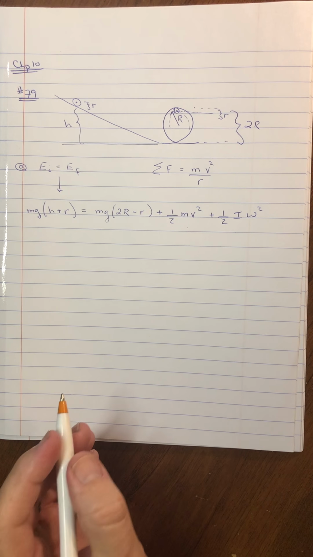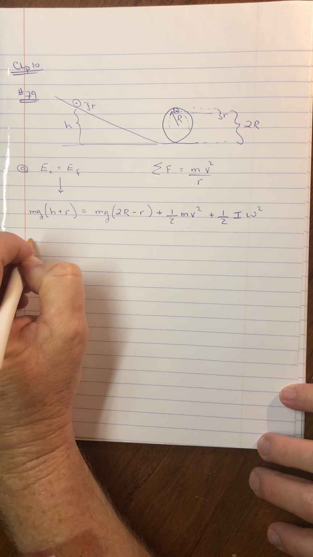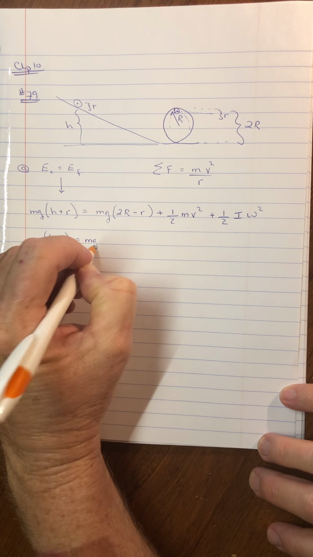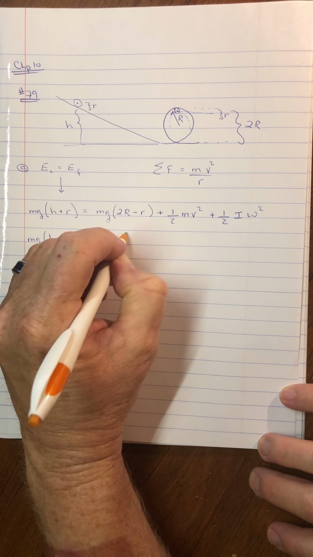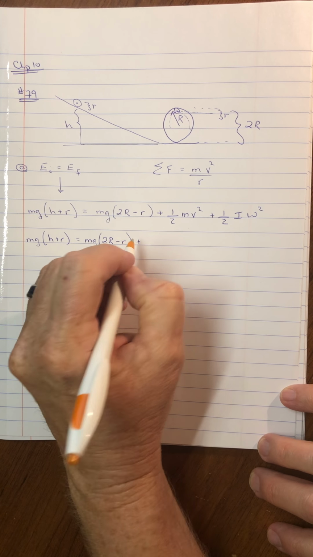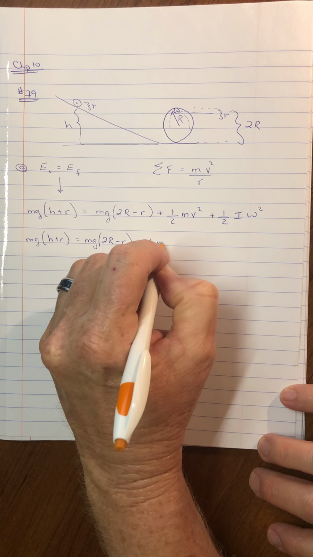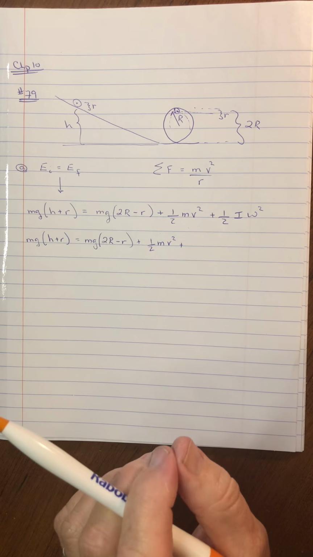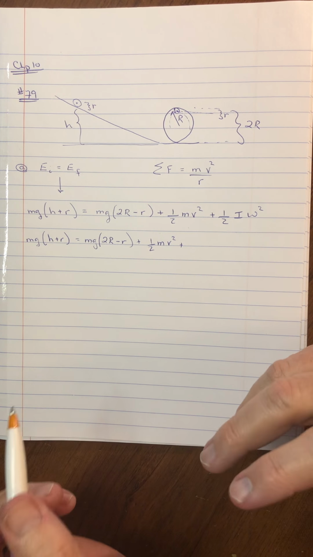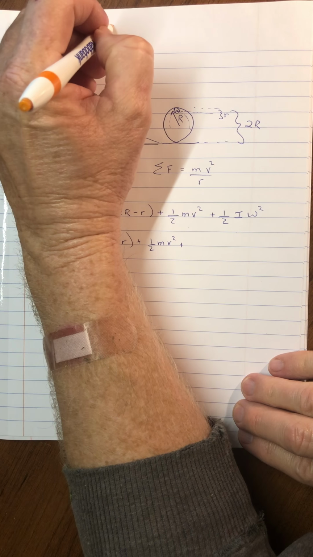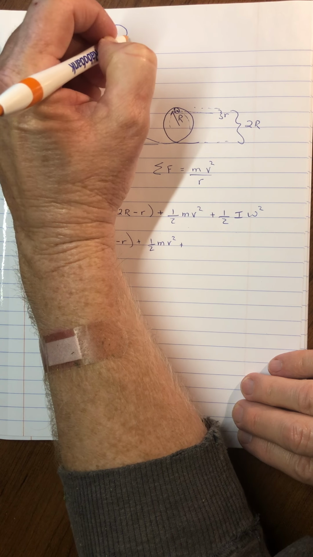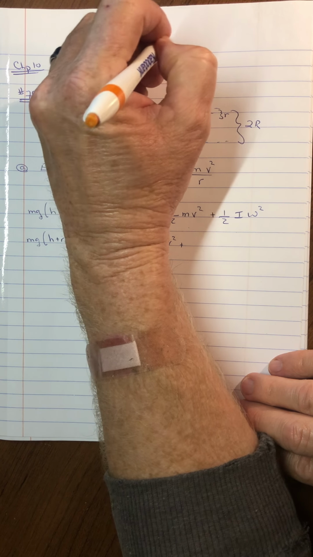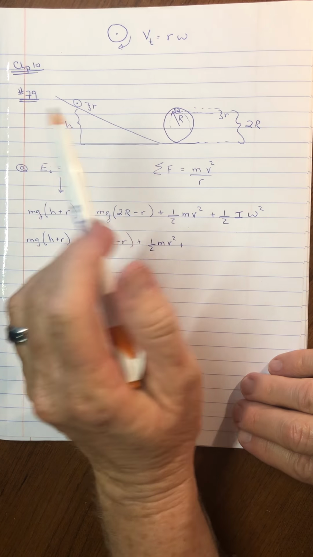All right, well, if we maybe simplify this a little bit, this is an mg, h plus little r, and then this is an mg, and it's 2r minus a little r. And then where I can put things together is to say, well, the translational speed and the rotational speed are connected together, because in pure rolling, as something spins around like this, the velocity tangential is its radius times its angular speed.